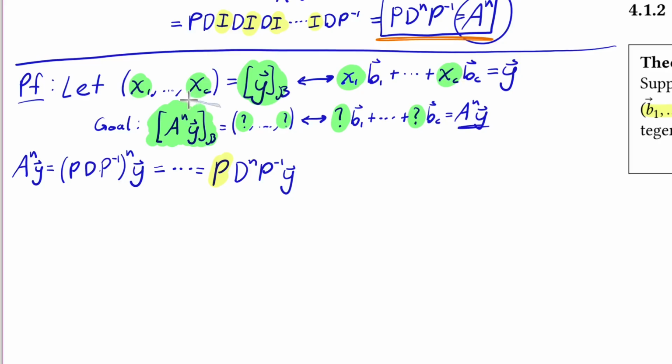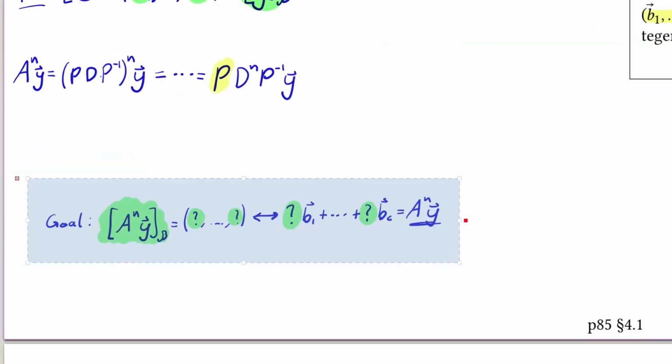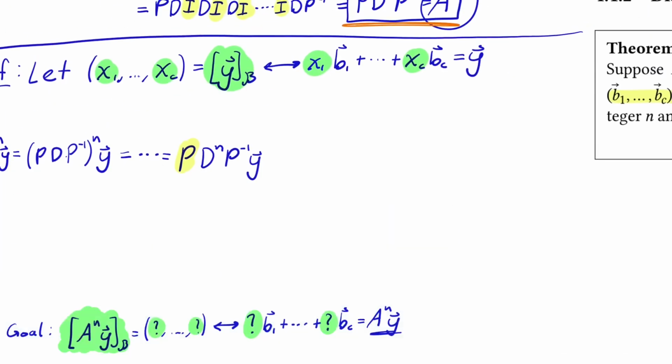Well, let's see. I'm going to take this goal here and maybe move it over here, because I want to write this equation a little differently. This equation could also be written as B1 up to BC as the columns in a matrix times the vector x1 up to xC equals y. This is the same thing as P, right? These columns make up the P matrix. So we have P, and then x1 through xC, that is just the B coordinates of y.